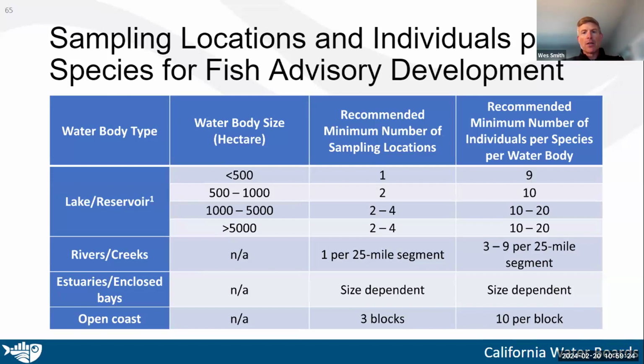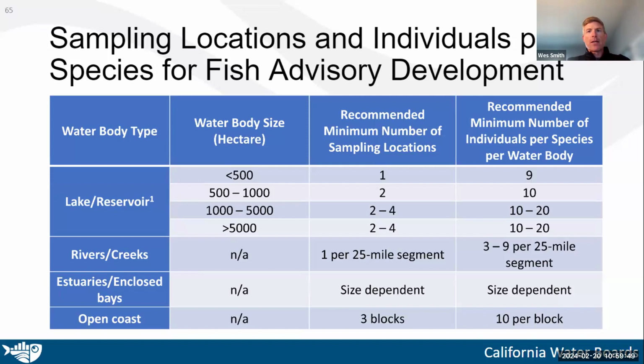And this may change based on the water body. If it's something that's going from headwaters rapidly down to more of a valley river, we might want more sampling locations, just so we can be sure we're getting good representation of what contaminants are in those fish and the level of contaminants in those individuals.